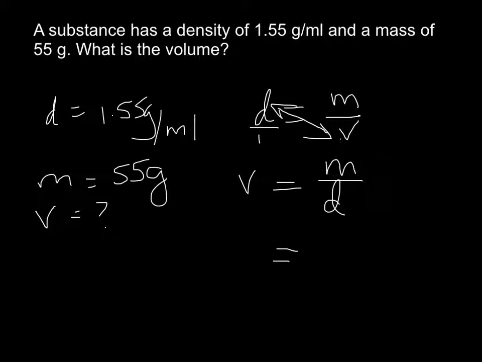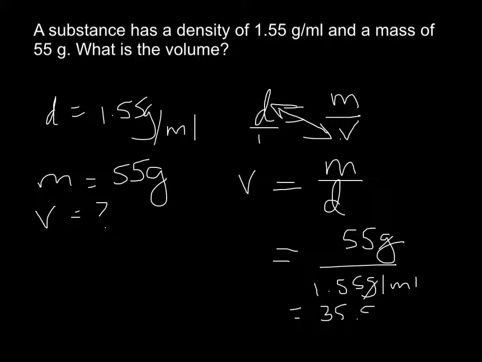Mass is 55 grams, and the density is 1.55 grams per milliliter. Again, grams are going to cancel. 55 divided by 1.55, if you do that, it's 35.5 milliliters. And there's our answer, the volume. I'm going to give you several little problems to work out, you're going to try those, and then we'll come back.